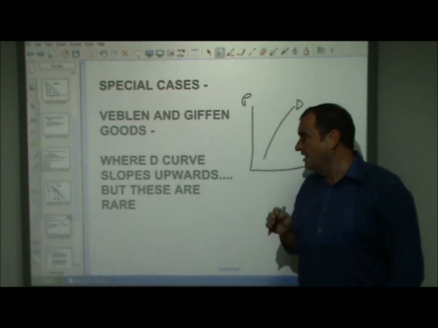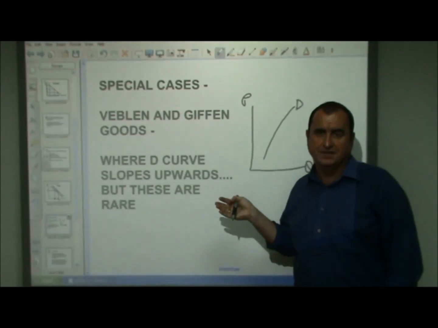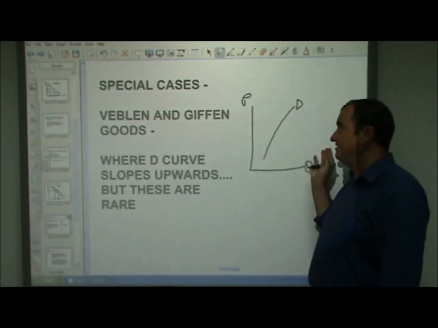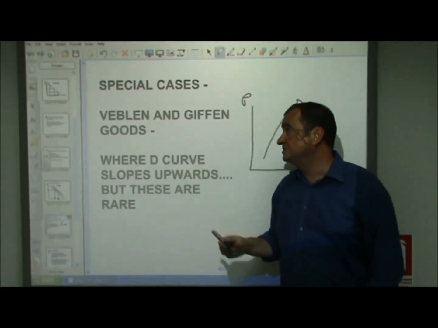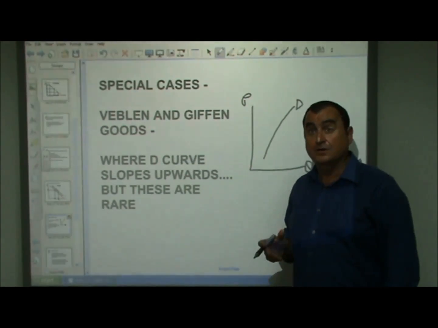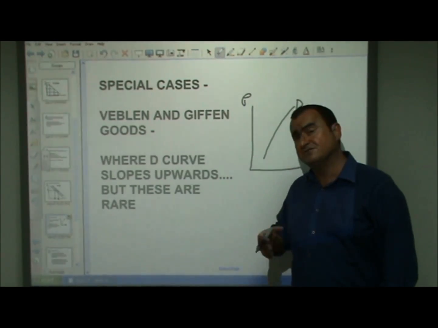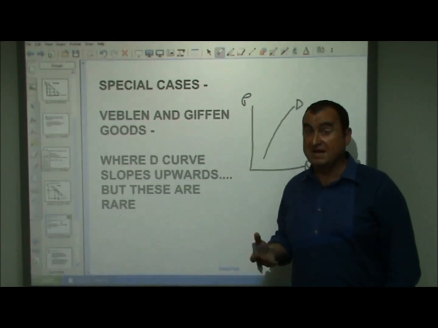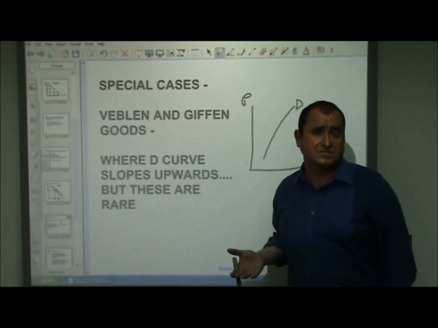I really debated even whether to put this on the video. It's not important. It's a very odd case, named after Thorsten Veblen, who argued that there are certain kinds of goods which have a snob value, and when the price is higher, people want to buy more of it, perhaps the work of a certain artist.